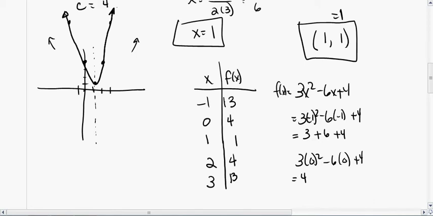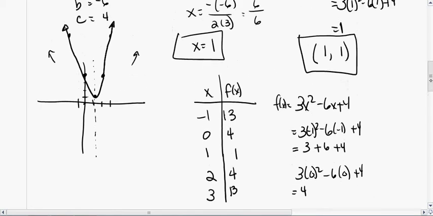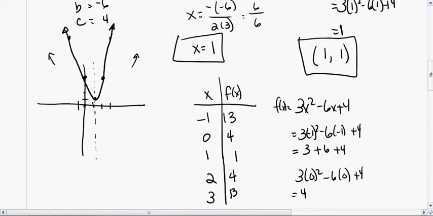So just because we can, I'm going to go ahead and verify that with the 3. So plugging 3 in, 3 squared would be 9. 9 times 3 is 27. 3 times 6 is 18, so 27 minus 18 plus 4 is going to give me 13 again. Yep.